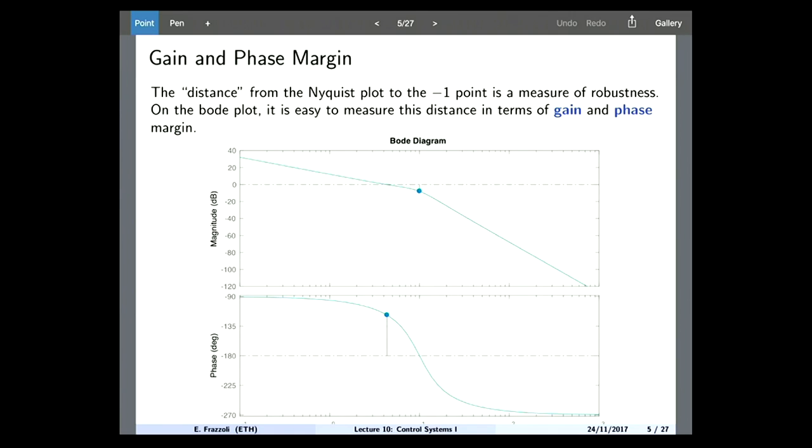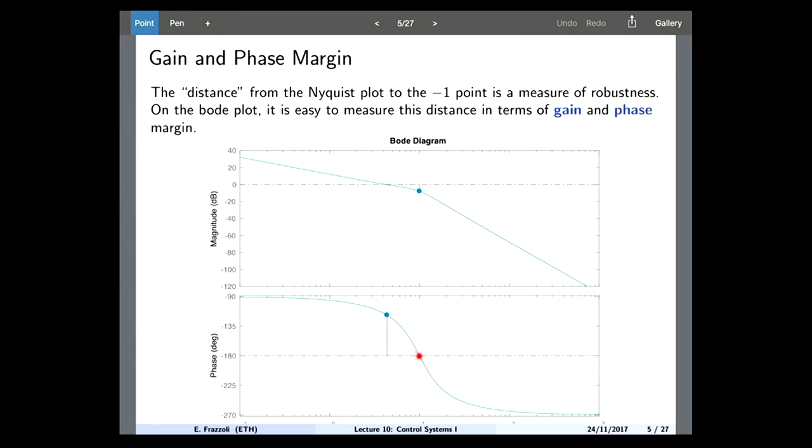Let's go back to the nice case. So how do you see this gain margin and phase margin? So what we know is that the gain margin is the distance from the point that has negative 180 degrees phase, right? Which is attained at this frequency here. So you see that the phase here is negative 180, okay?